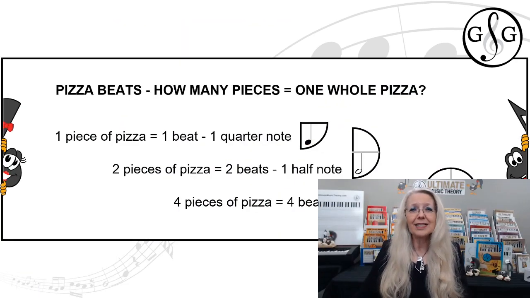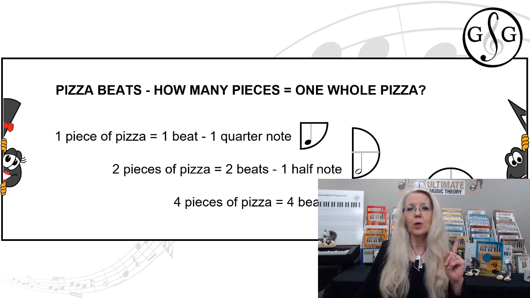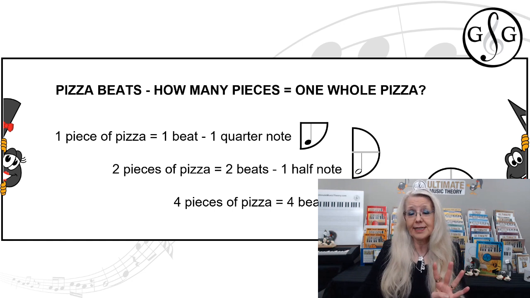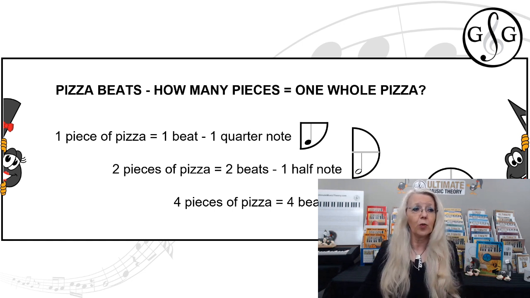So pizza beats show how many pieces equal one whole pizza. One piece of pizza equals 1 beat, which is 1 quarter note. 2 pieces of pizza equal 2 beats or 1 half note. And 4 pieces of pizza equal 1 whole note because it gets 4 beats, right?